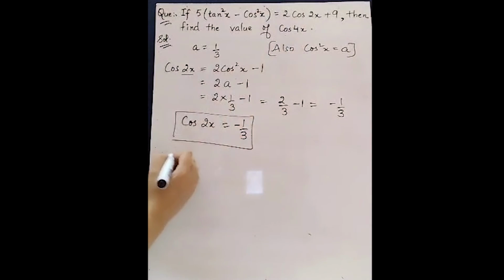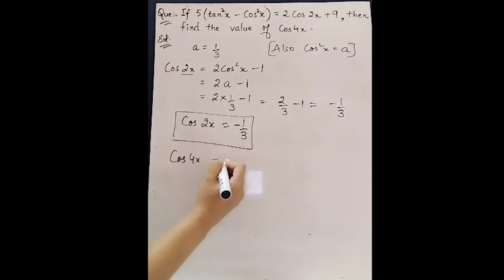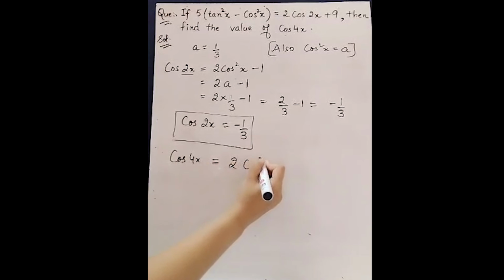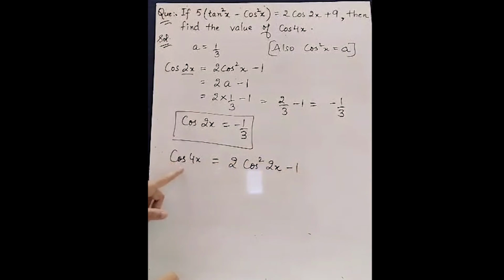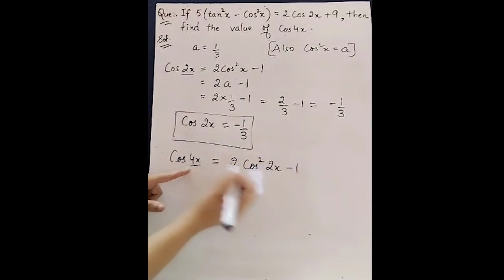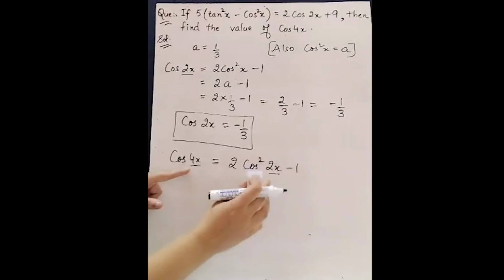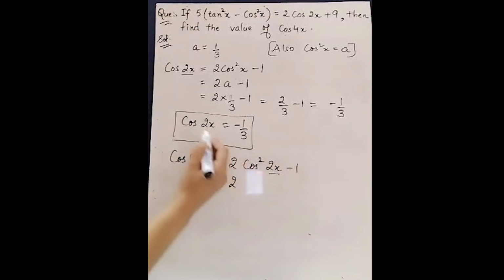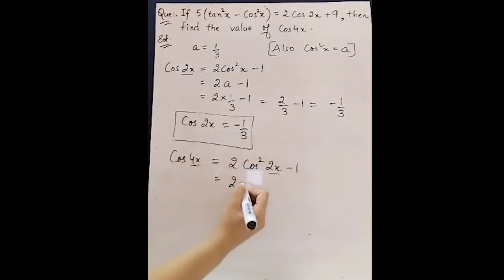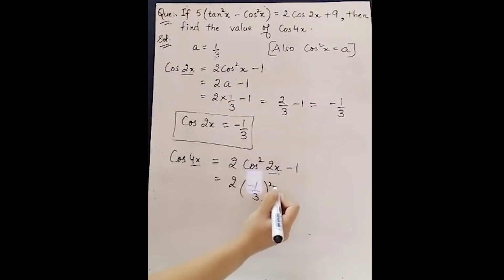Now we will find the value of cos 4x. The formula for it will be 2 cos square of the half angle minus 1. So for cos 4x, half of 4x will be 2x, that's why we write cos 4x is equal to 2 cos square 2x minus 1. Put the value of cos 2x, which is minus 1 by 3, and square it: minus 1 by 3 whole square.